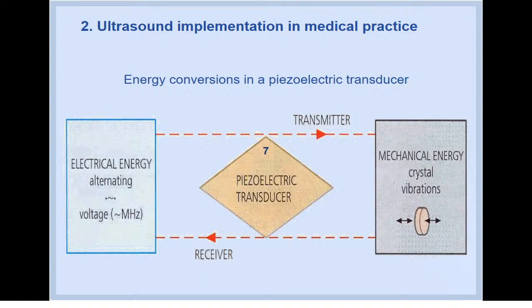In an alternating electric field, the thickness of the crystalline plate follows the vibration of the electric field. That is, the crystal vibrates, producing ultrasound. It is shown here, the piezoelectric transducer.